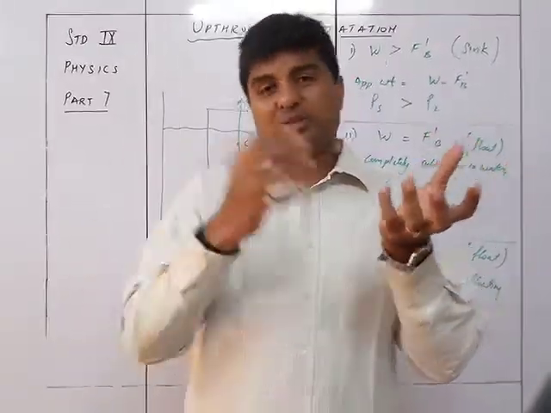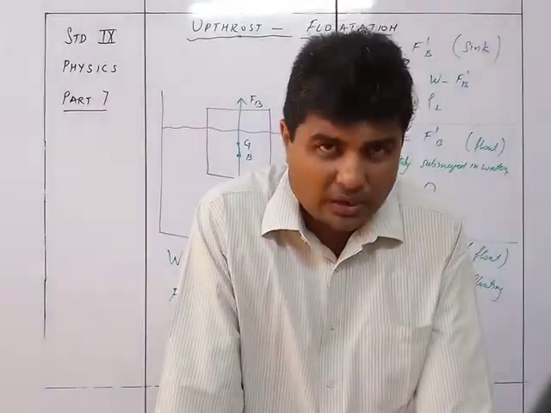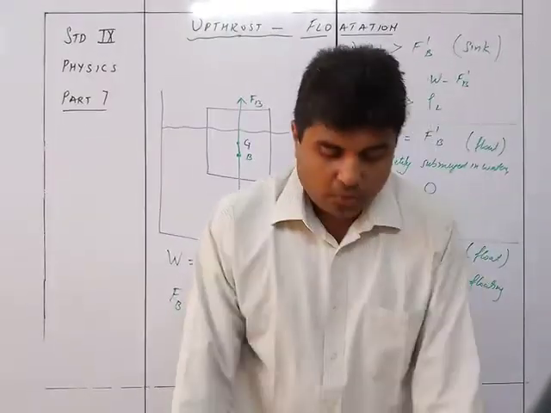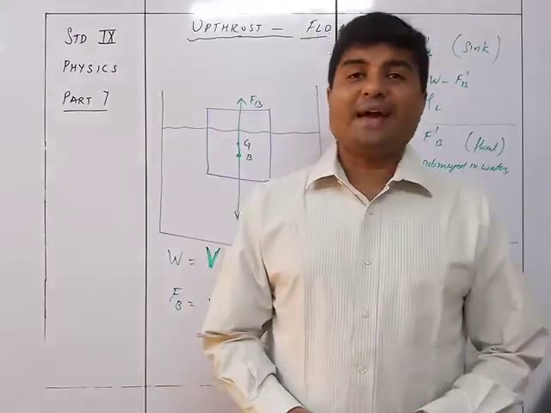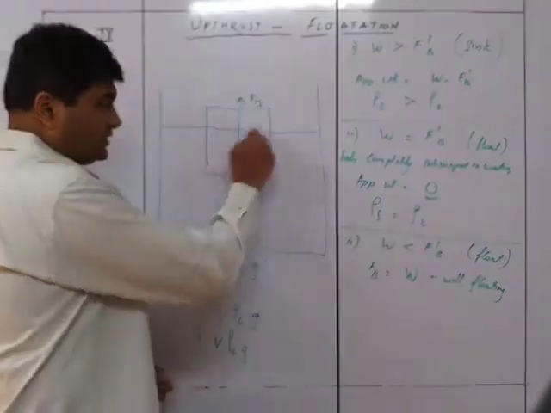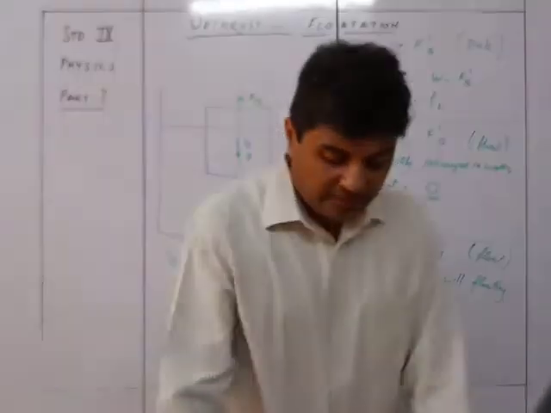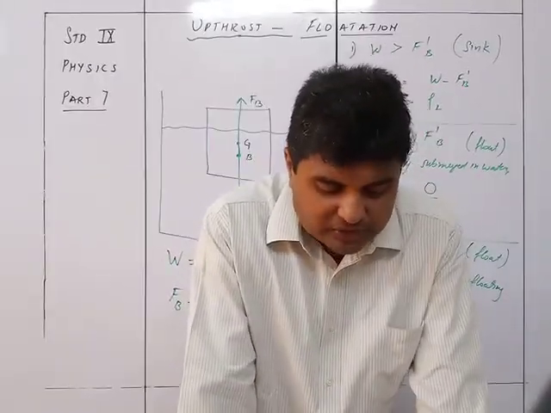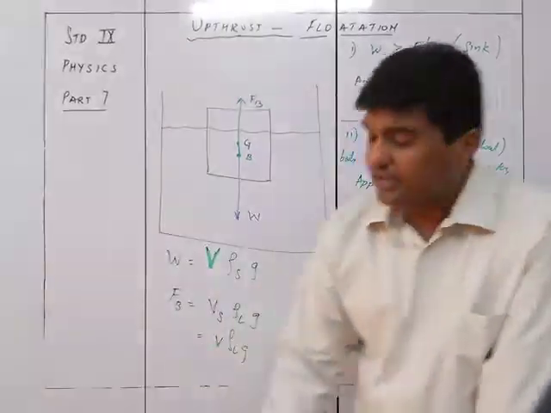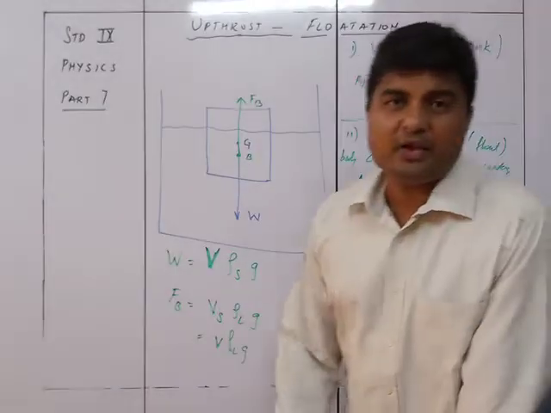When this happens, only that much water will be displaced, only that much of the body will be submerged, right? So only that much portion of the body is going to get immersed such that the weight of the displaced liquid will be equal to the weight of the body.